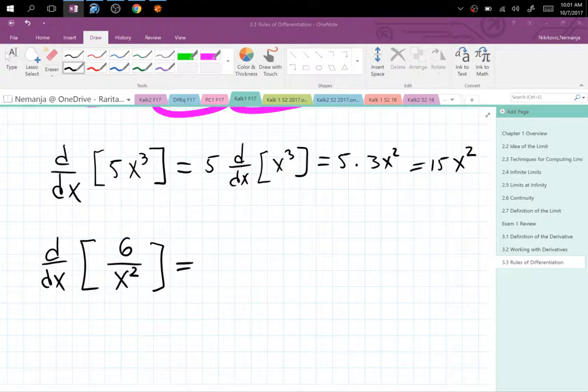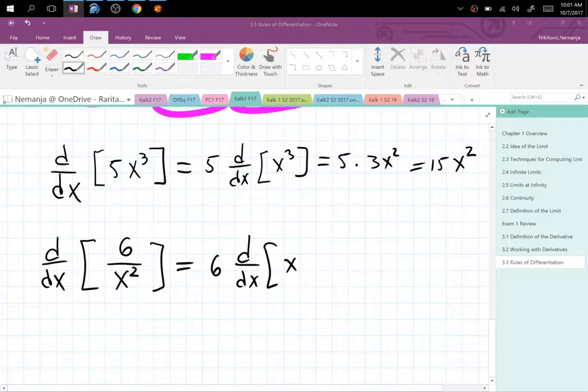So what do we do? Perfect. Exactly. So we kick the 6 in front, the differentiation, and write 1 over x squared as x to the negative 2, and now we know that this becomes negative 12 x to the negative 3, which is negative 12 over x cubed.